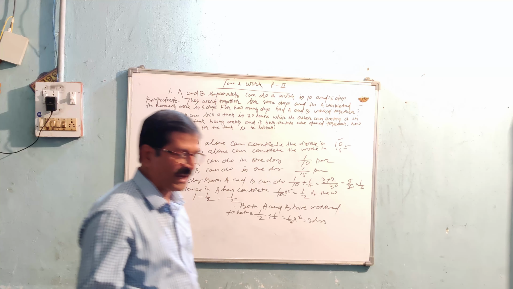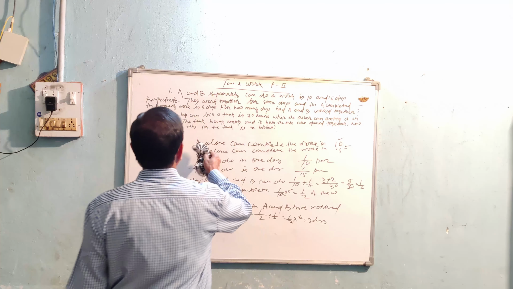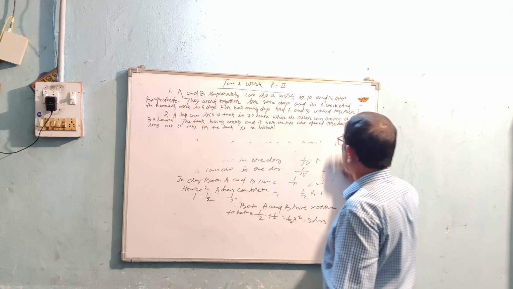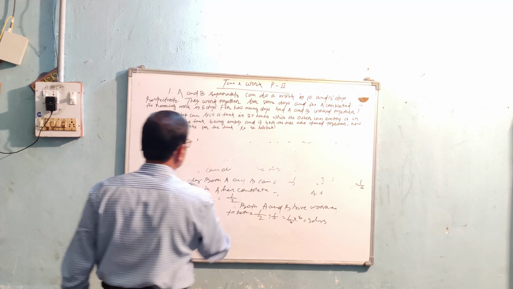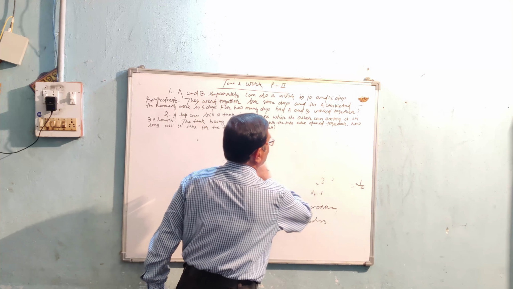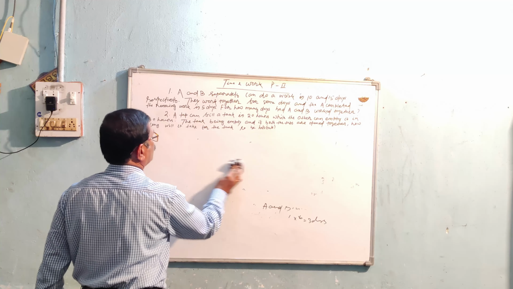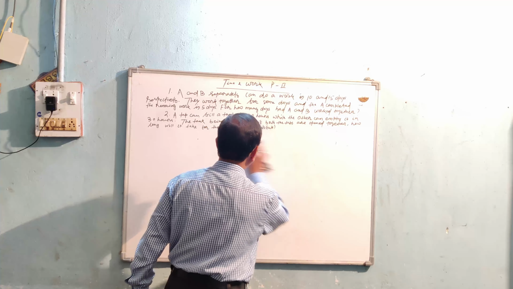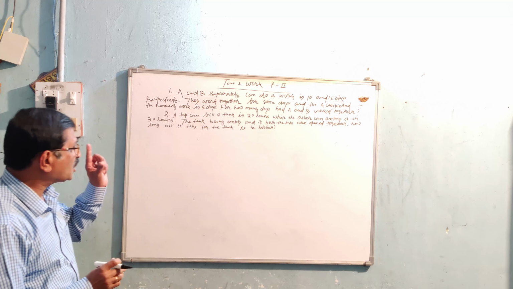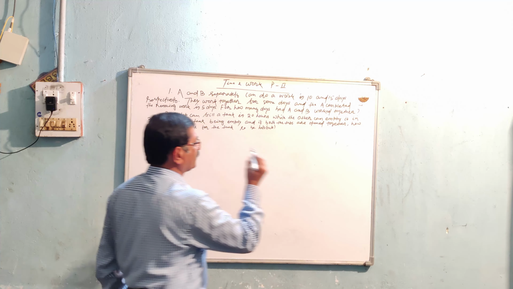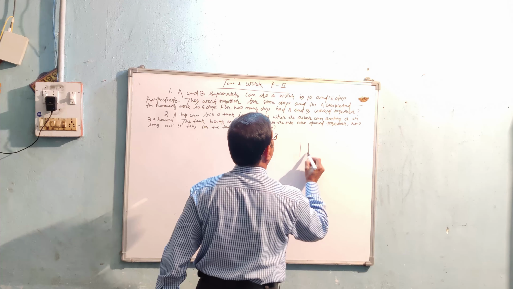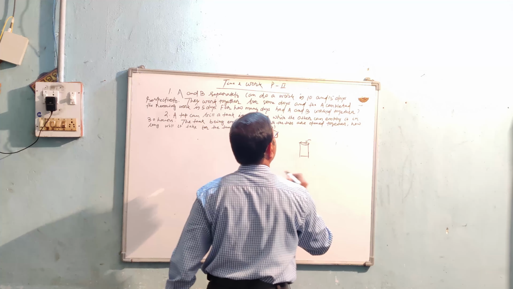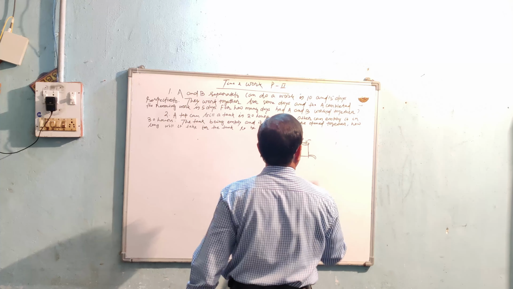Let us go for the second one. In the second problem, it is given a tap can fill a tank in 20 hours while another tap can empty the tank in 30 hours. Before doing this problem, again I am asking you to read the question. Then you can draw a simple figure or sketch diagram. Suppose this is a tank, and through this one pipe it is filling, and through the other pipe it is being emptied.